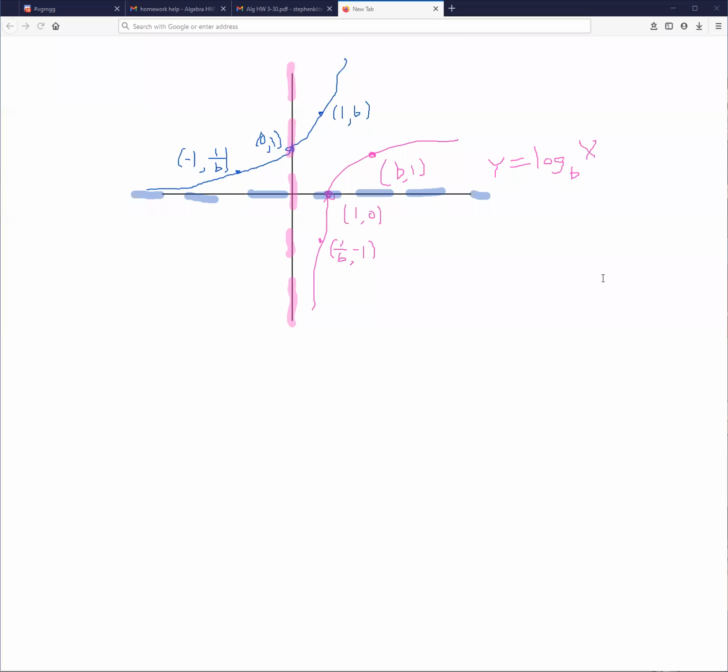So a couple quick points. If you have horizontal shifts, move the asymptote first, and think of everything in terms of how far off the line. That's generally how I like to approach these.